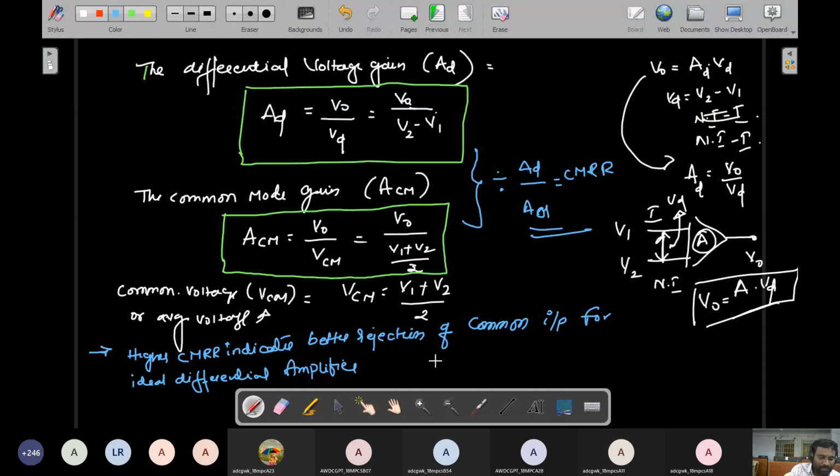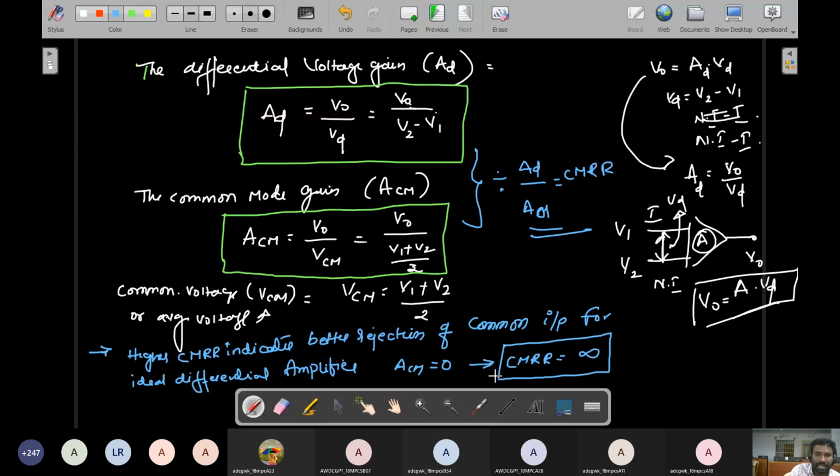Suppose ACM, the common mode gain, tends to 0, then the common mode of the operational amplifier becomes 0. Then CMRR becomes 1 by 0, which is infinite. So CMRR is an infinite value.